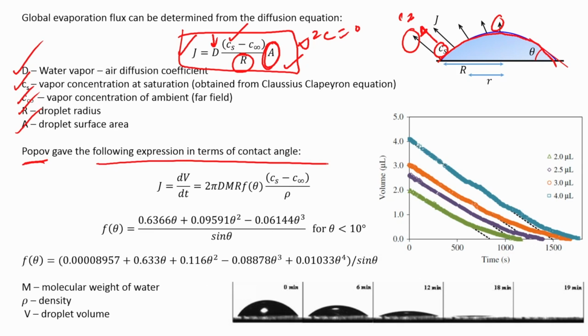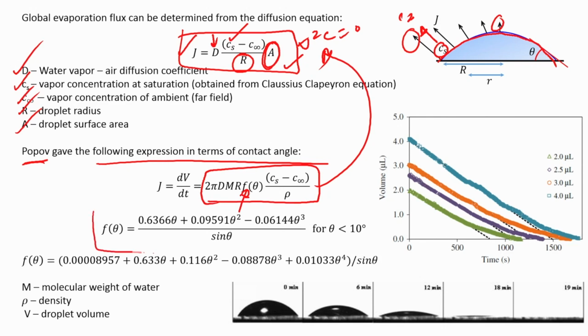As the contact angle changes with evaporation, right, if it is happening in a CCR mode, the contact angle will change quite a bit. So, what he did was propose an expression very similar to this, except that now it has a contact angle factor, which is f theta.